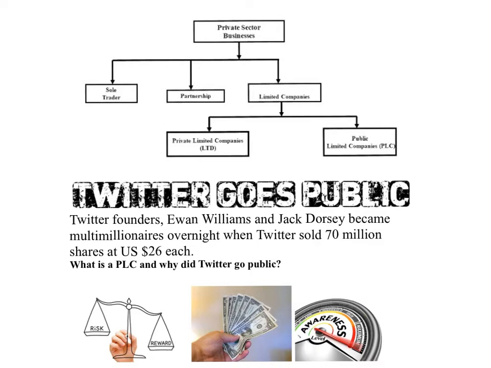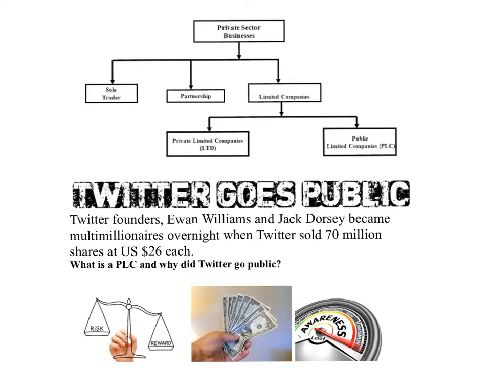Now, this is a prime example of a company that probably started off as a private limited company and then decided to go public. And what it means by going public is, I suppose, allowing your shares to be sold on the stock market. So that means any investor with the finances required can purchase shares within whatever stock market they are operating in.